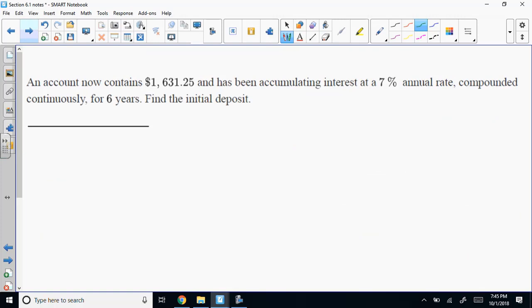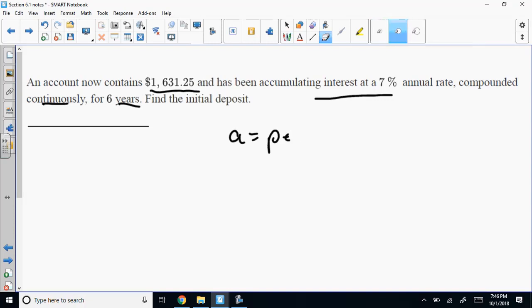So let's look at it again. An account now contains $1,631.25 and has been accumulating 7% interest at an annual rate compounded continuously for 6 years. Find the initial deposit. Well, A equals PERT, right?